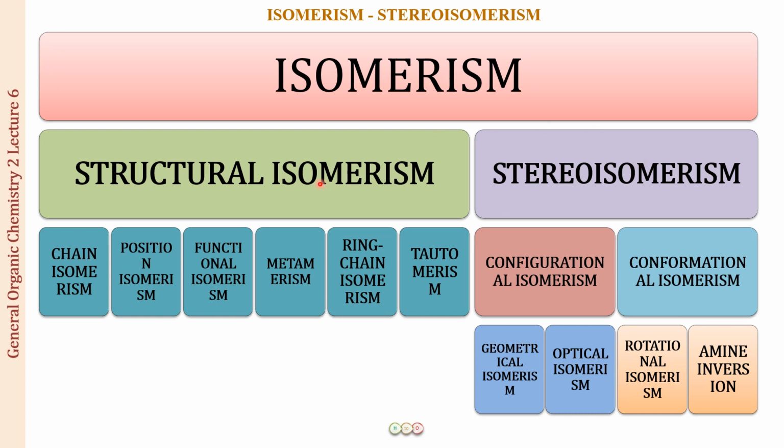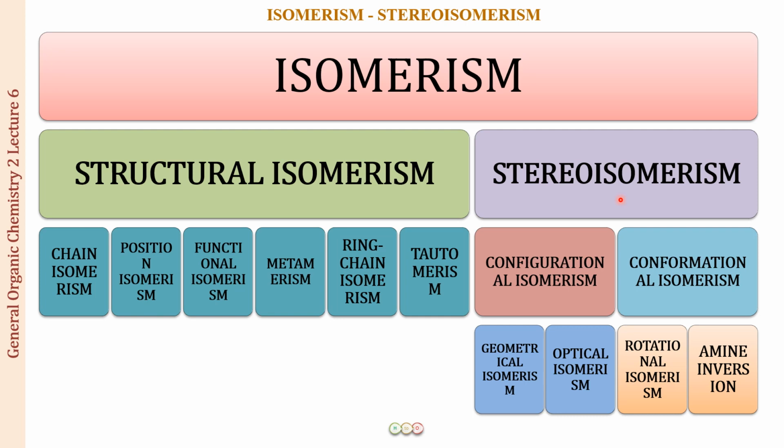Structural isomerism is what we have already discussed, the 6 types of structural isomerism: chain isomerism, position isomerism, functional isomerism, metamerism, ring chain isomerism, and tautomerism, which we wound up with in the last lecture. And now we will be starting with the discussion on stereo-isomerism.